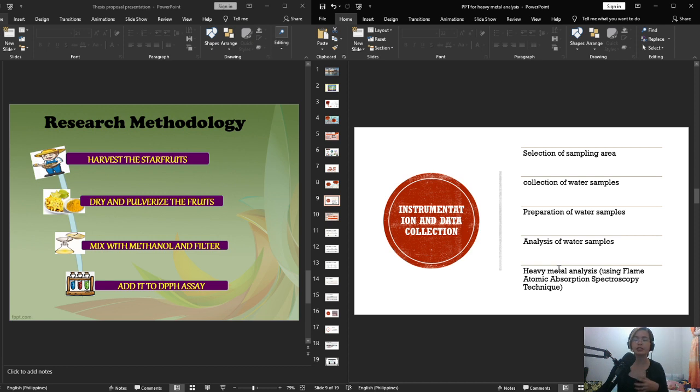And then for studies that will have a survey method, you have to identify how you will collect your data. Who are your respondents?